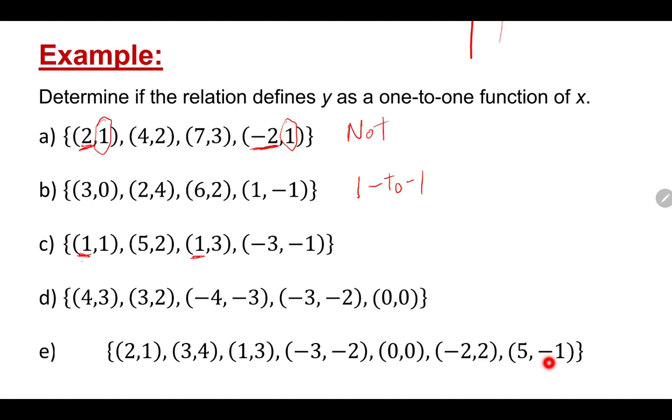Having two of the same x's give me two different outputs, so this with this means this isn't even a function. Not like this one is not one-to-one. This isn't even a function.